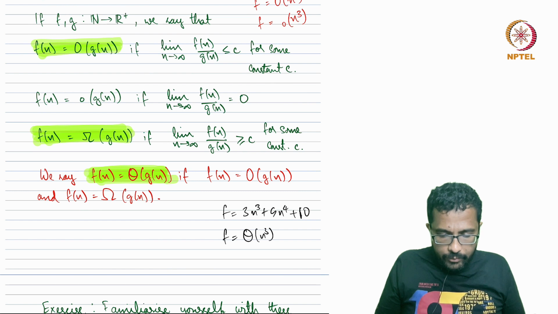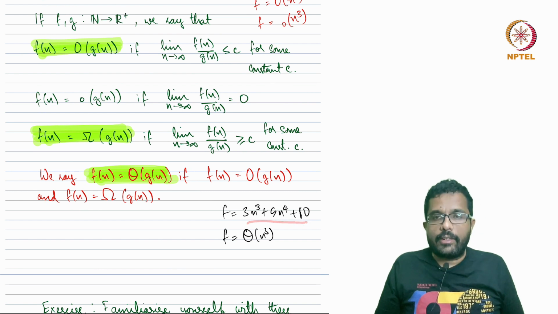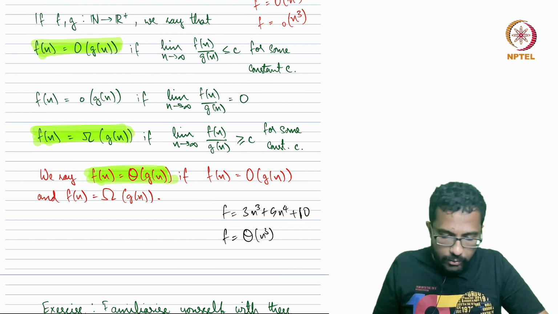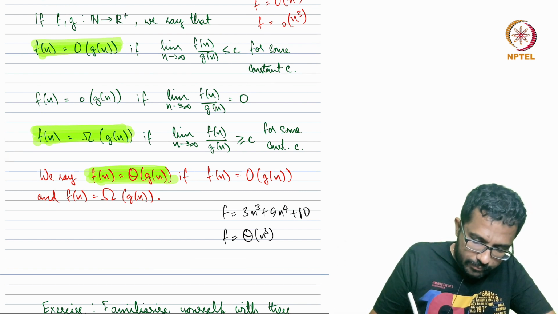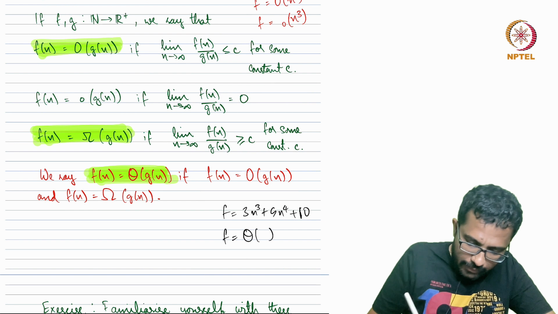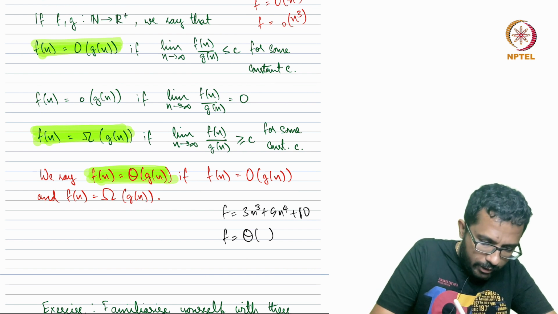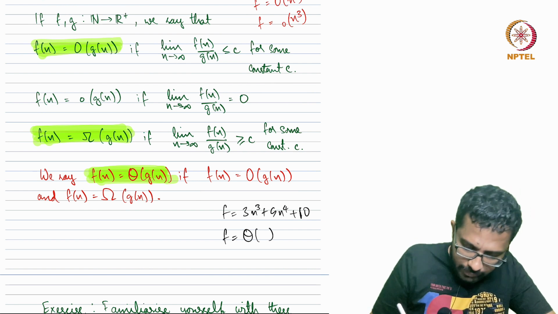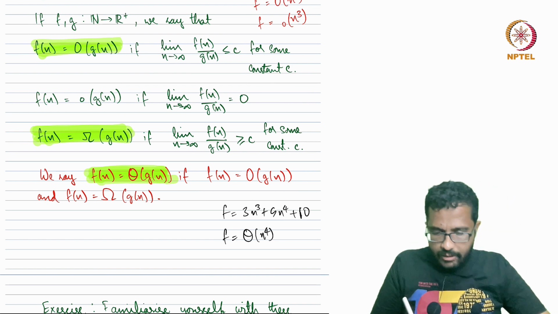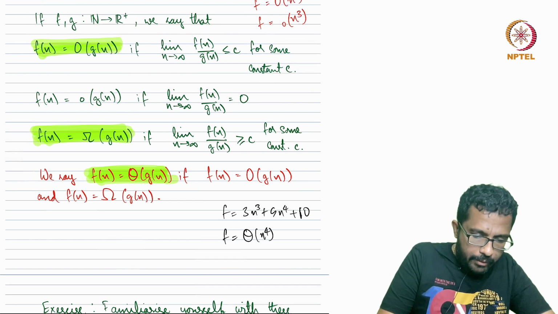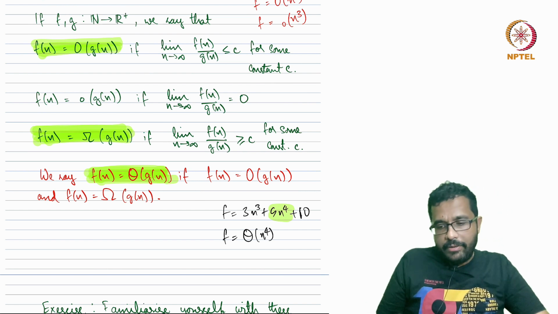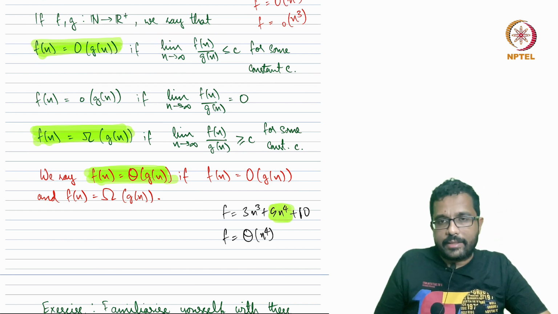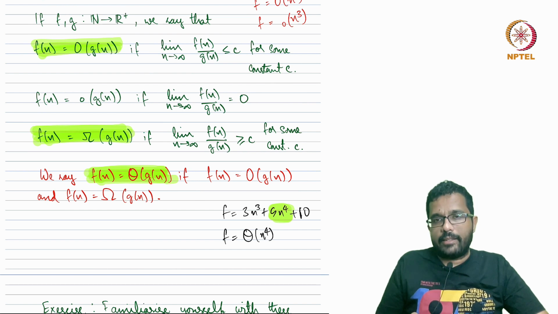So here if you look at 3n cube plus 5n power 4 plus, sorry, this is wrong. What I meant is, in this case f will be, I'm really sorry about this error, it should be n power 4, because here the term 5n power 4 is the dominating one. When n tends to infinity, this term grows much faster than the other terms, n cubed and 10.